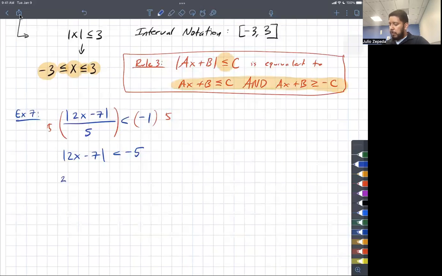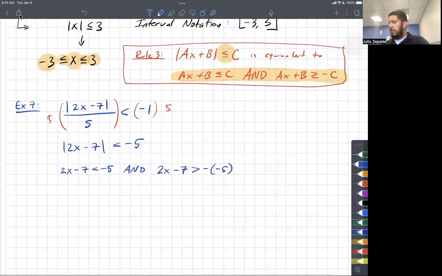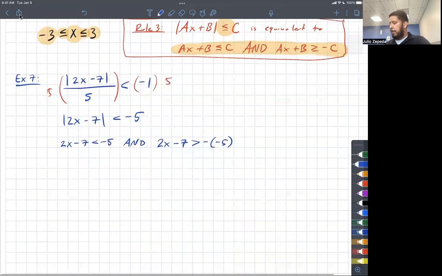The first inequality would be 2x minus 7 is less than -5, and 2x minus 7 is greater than the opposite of this number, so the opposite of -5. We could just write +5 because we have a minus, or opposite, of c. I'll write it as the opposite of -5. We'll simplify that.